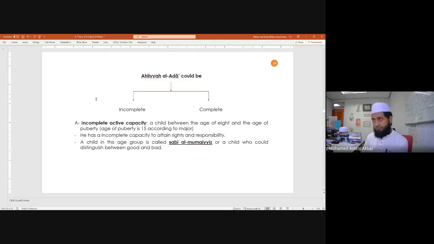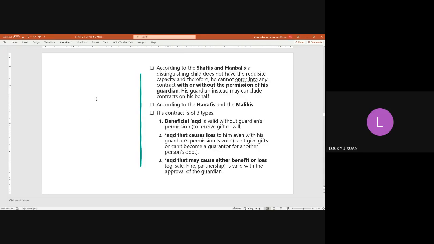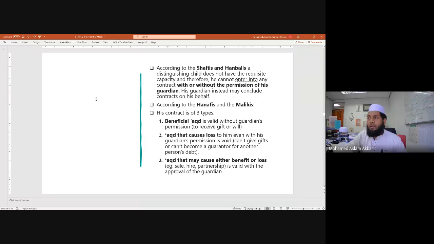So according to the Shafis and the Hanbalis, if I'm not mistaken, can the child still not buy or sell something, even if they get permission from their guardians? What I mean is, they cannot directly handle the trade, with or without the permission of the guardian.